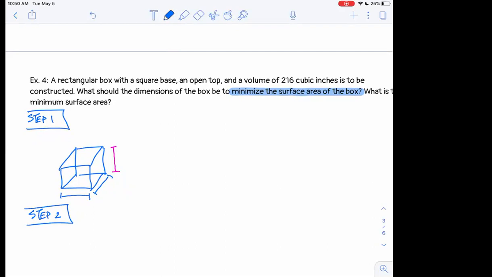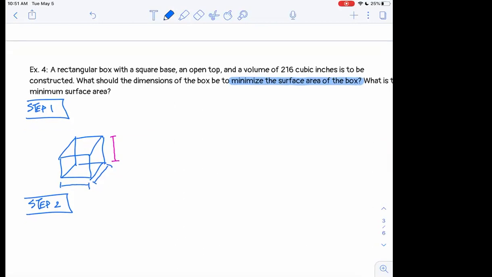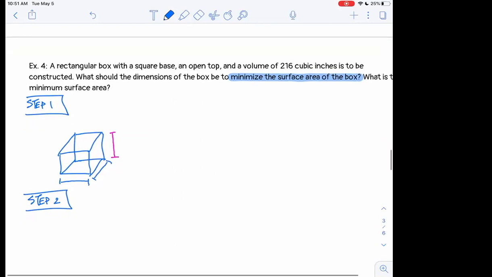So I'm going to need to find an equation that talks about the surface area of this box. You guys know that it only has 5 sides, so that should be helpful in getting us started. But if I think about the surface area of this box, I know that there's the area of the base, plus, are the 4 sides of the box equal to each other, or are they different from each other?